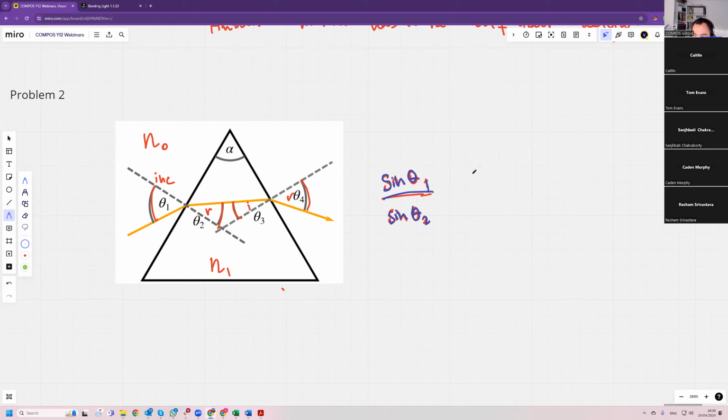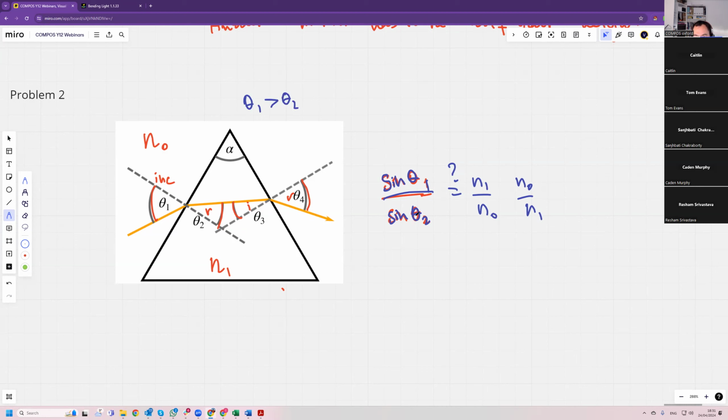I don't remember, is it n1 over n0 or is it n0 over n1? What I do is look at the angles and see that θ1 is greater than θ2.